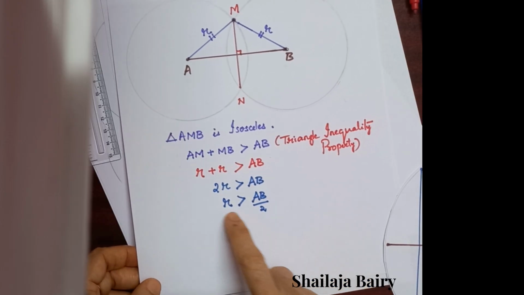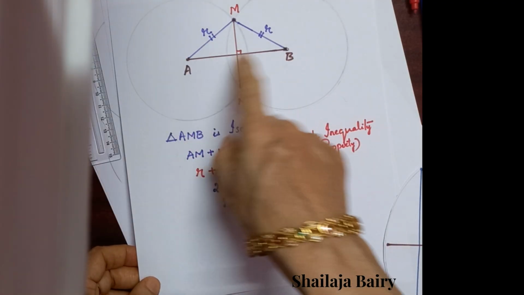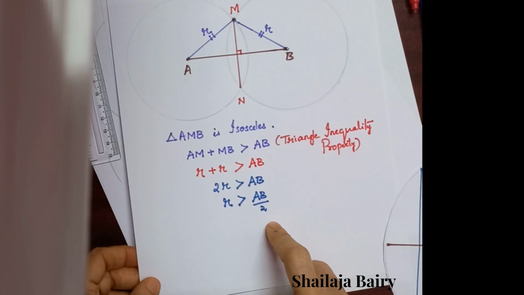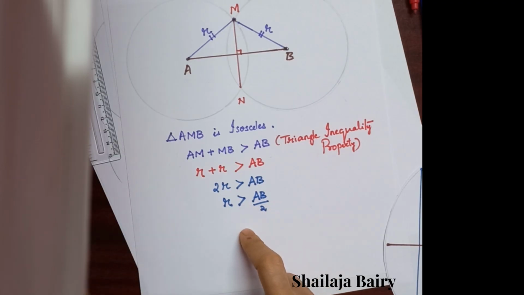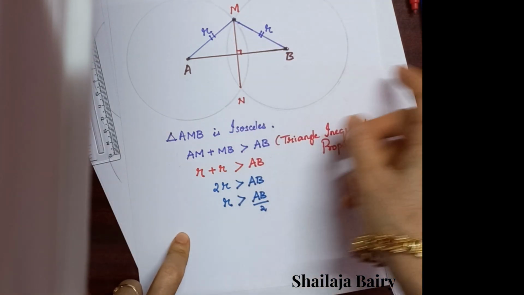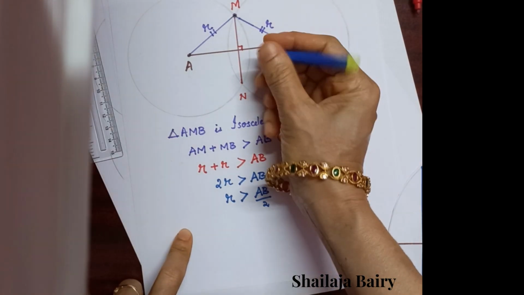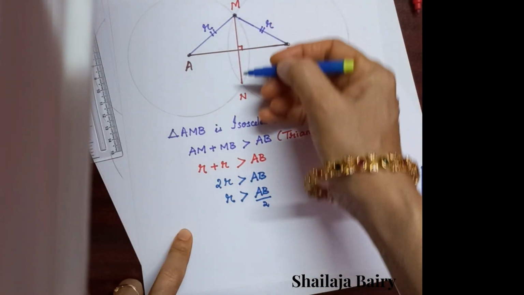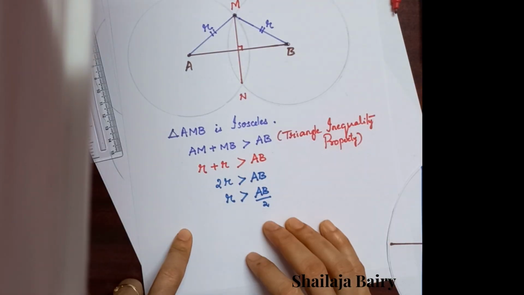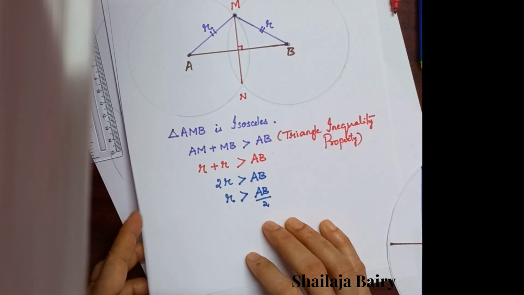So in case R exactly becomes half of AB instead of more than half of AB, then the circles won't intersect. They will be just touching at the midpoint, and we won't be getting the perpendicular bisector. There won't be any common chord also.